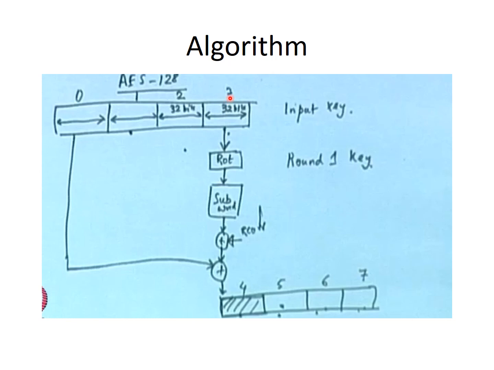First I take the last word, W3, and perform the RotWord operation, that is, the bytes in that word get rotated. After that, SubWord: each byte is substituted using the S-box. Then I perform the XOR operation with the round constant generated for that particular round.